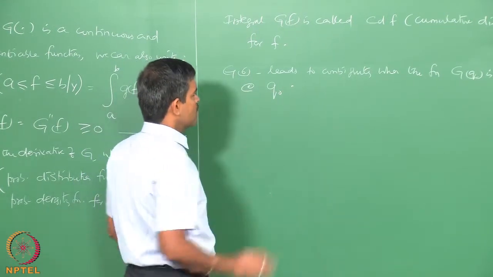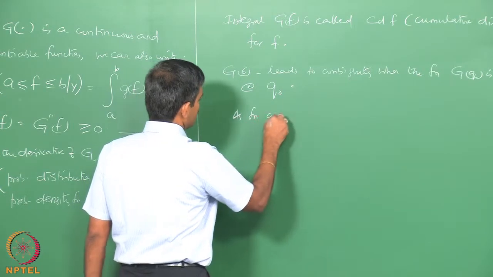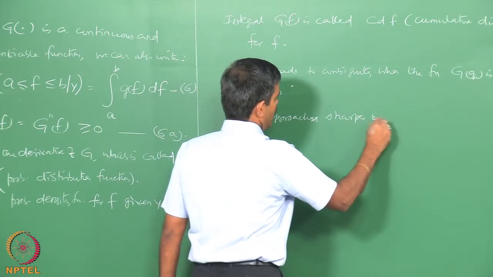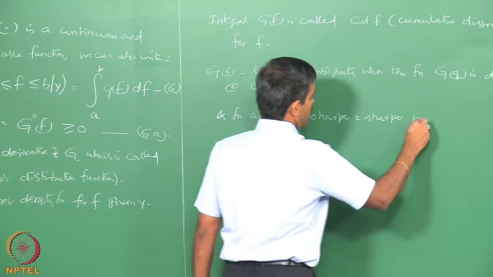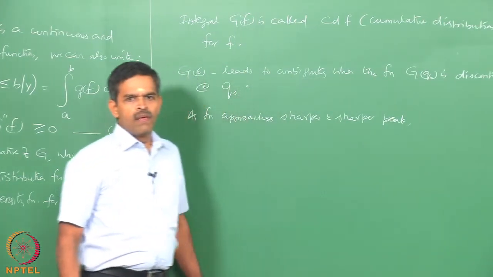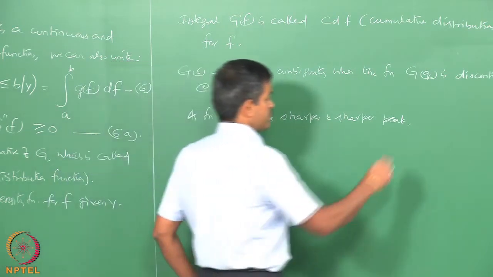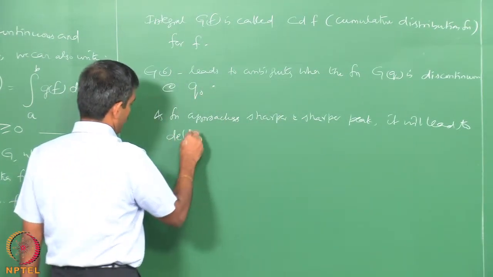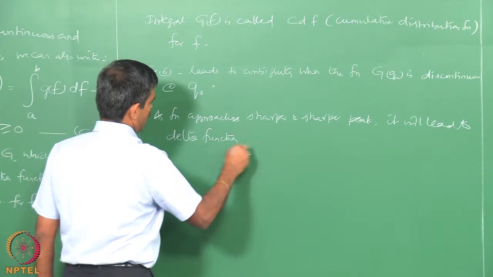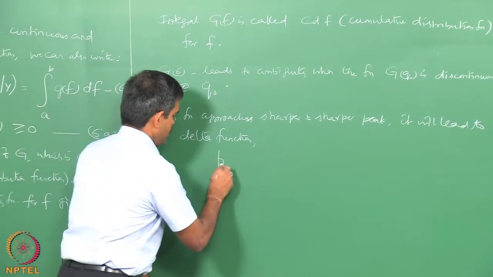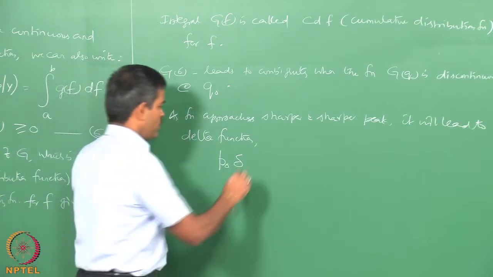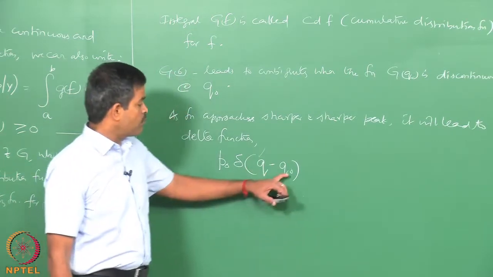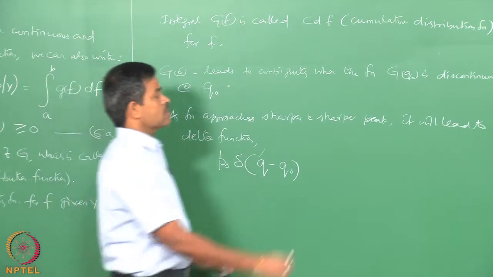As the function approaches a sharper and sharper peak, it will lead to a delta function, which is given by P naught delta of q minus q naught, where q is actually the function and q naught is the point where the function becomes discontinuous.